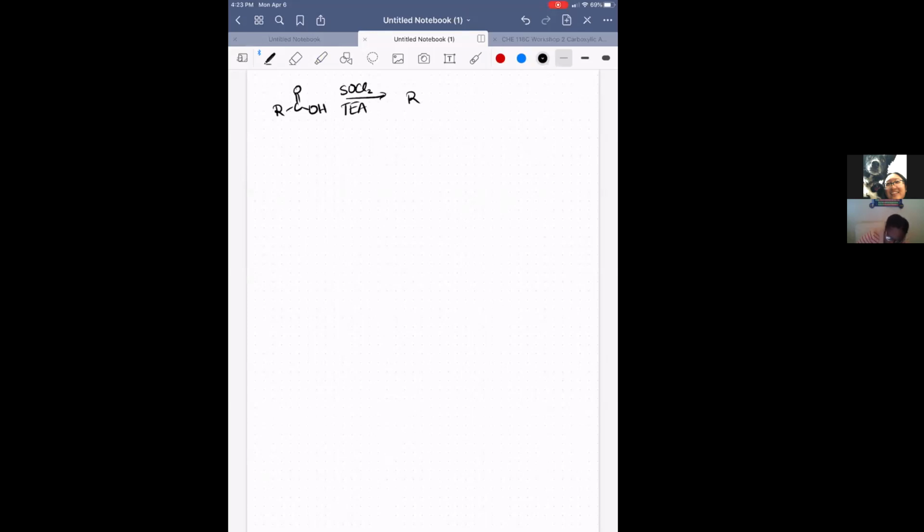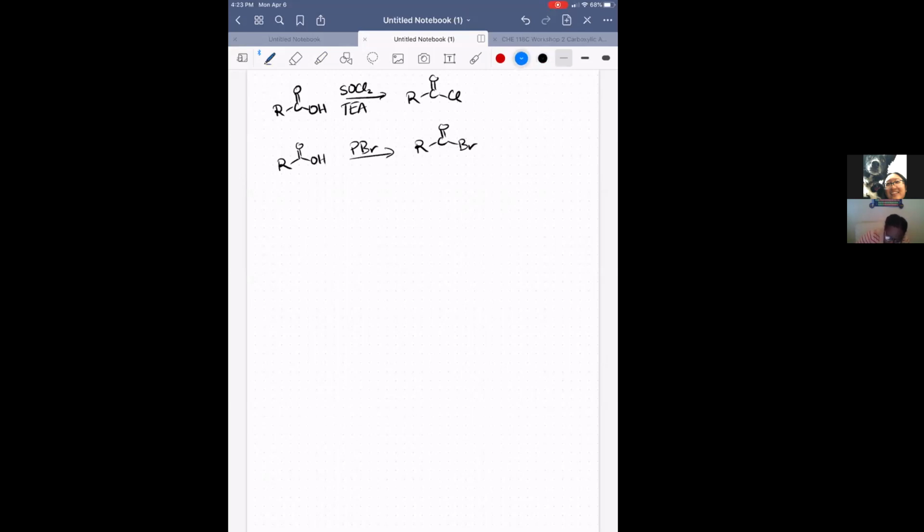That's one way we can do a halogenated substitution. Another halogenated substitution can be done with bromine. So we'll take our same carboxylic acid, but now we'll use PBr3 in order to generate an acyl bromide.